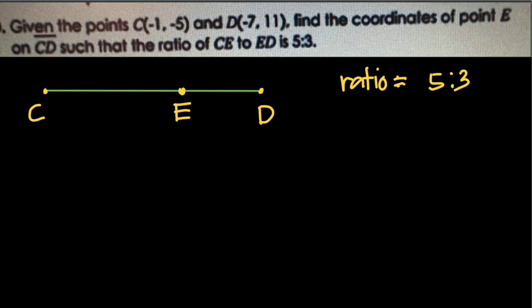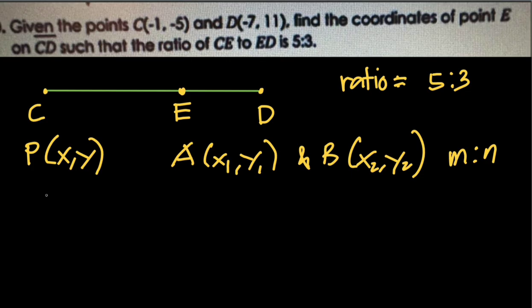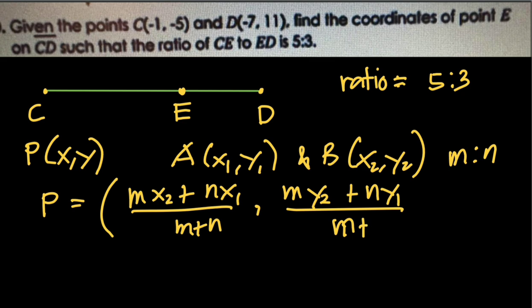If point P(x, y) divides the segment joining A(x1, y1) and B(x2, y2) in the ratio m:n, then point P is equal to (m x2 plus n x1) over (m plus n), then (m y2 plus n y1) over (m plus n).